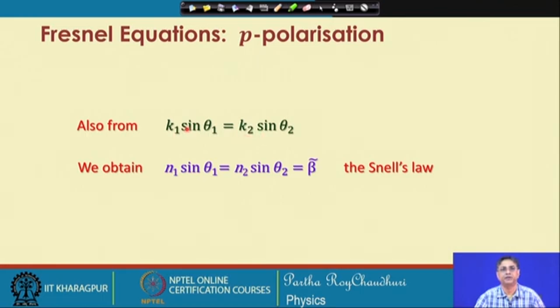Therefore, because k 1 is k 0 n 1 and k 2 is k 0 n 2, n 1 sin theta 1 and n 2 sin theta 2 must be equal to some constant beta tilde, which is an invariance of the combination of the media. So, this shows Snell's law, which is again our old law, that is the law of reflection and refraction.